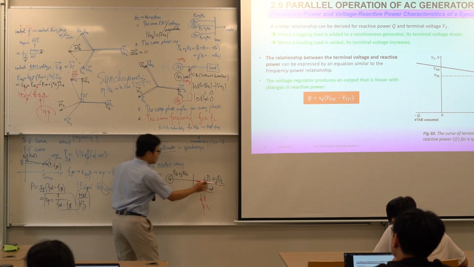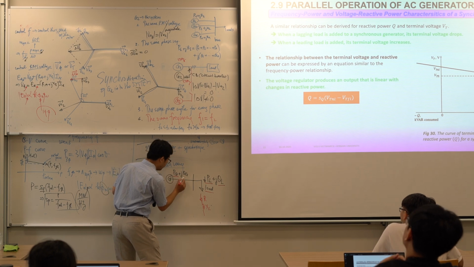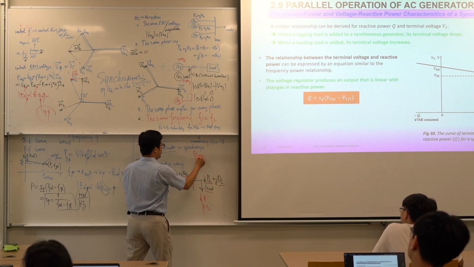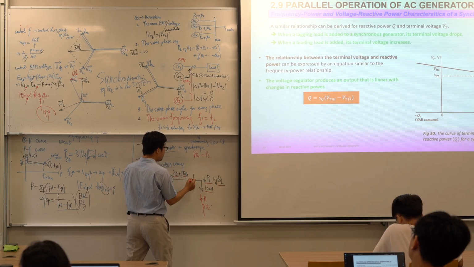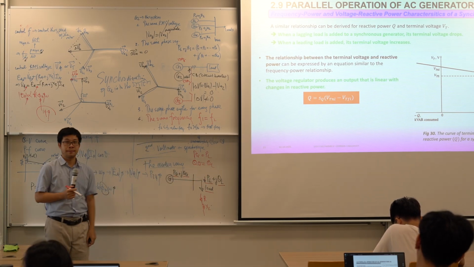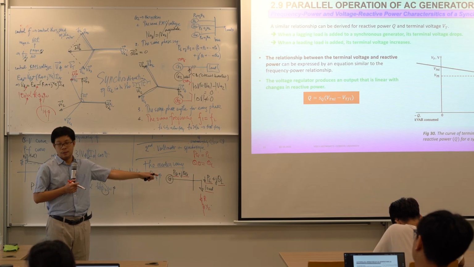If we need PL, we need QL, you need positive PG, positive QG, because if the system is balanced, that means PG is PL and what else? And QG is QL. Yes, definitely.